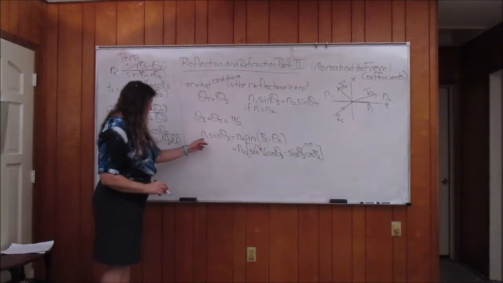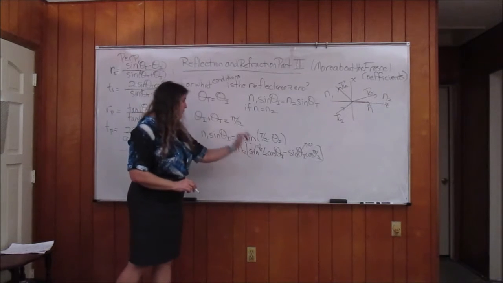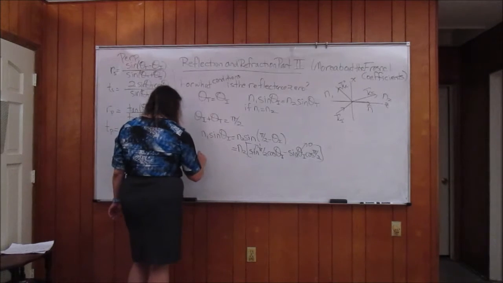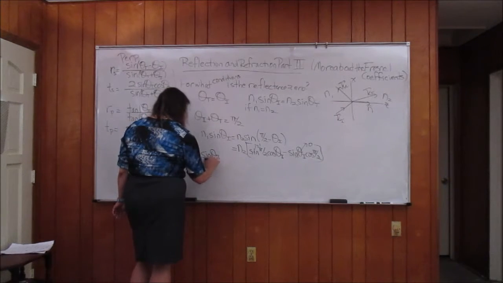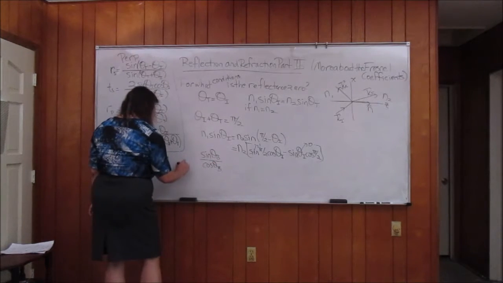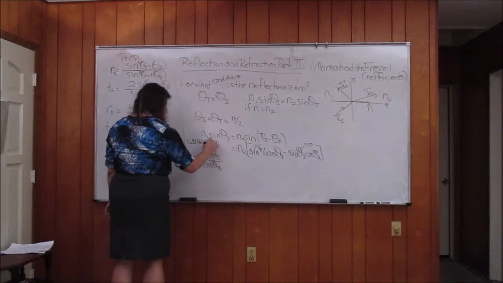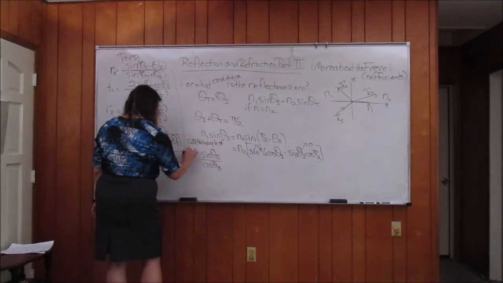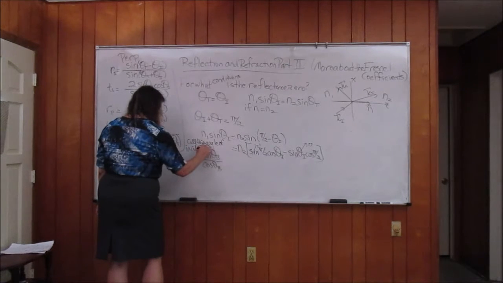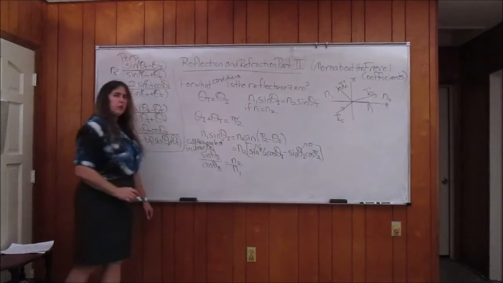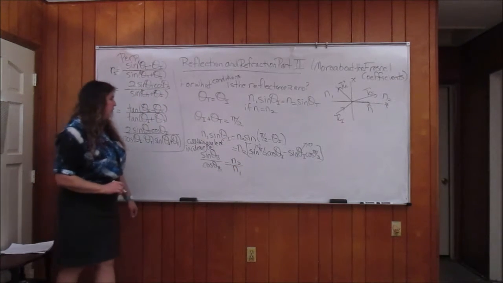And I notice, looking left, with an N1 sine theta I on the left-hand side and N2 cosine theta I on the right-hand side, instead of using the subscript I, I'm going to use the subscript B. And this is sine theta B over cosine theta B, which is equal to the ratio of the indices of refraction, N2 over N1.